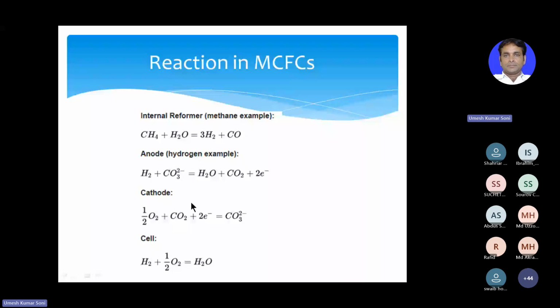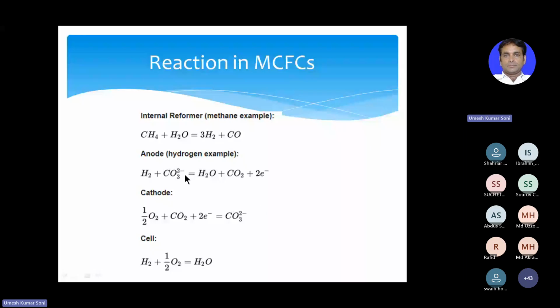So in this way there will be the formation of the carbonate ion again, and the carbonate ion will again be available to the electrons to react with the oxygen. So overall, we can see that the hydrogen and oxygen of the air have completed the reaction, and water is the product, and the carbonate ion plays the intermediate role for the transfer of electrons in this reaction.